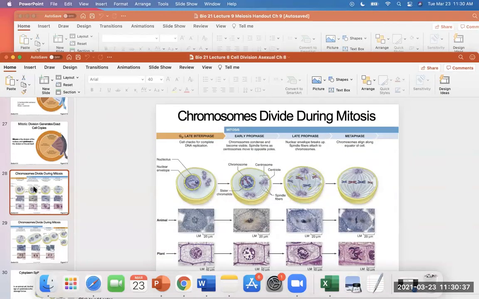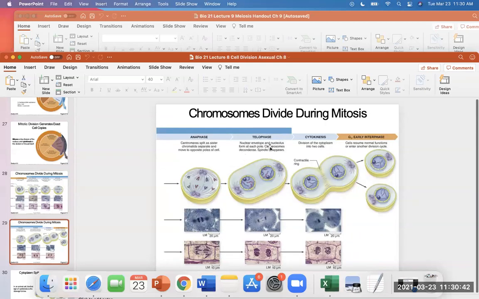For mitosis, you have telophase: the nuclear envelope reappears, the spindle disappears, and chromosomes decondense. That's what's happening in telophase.